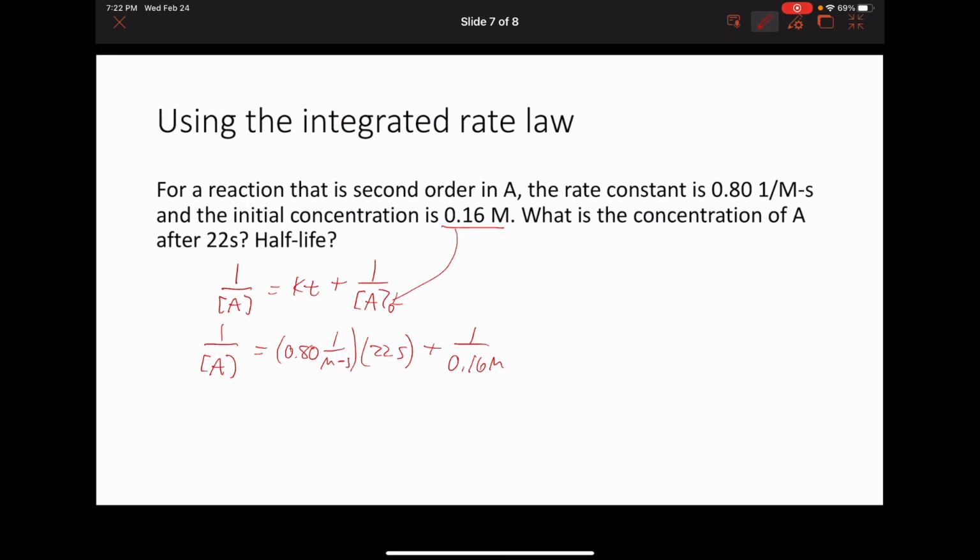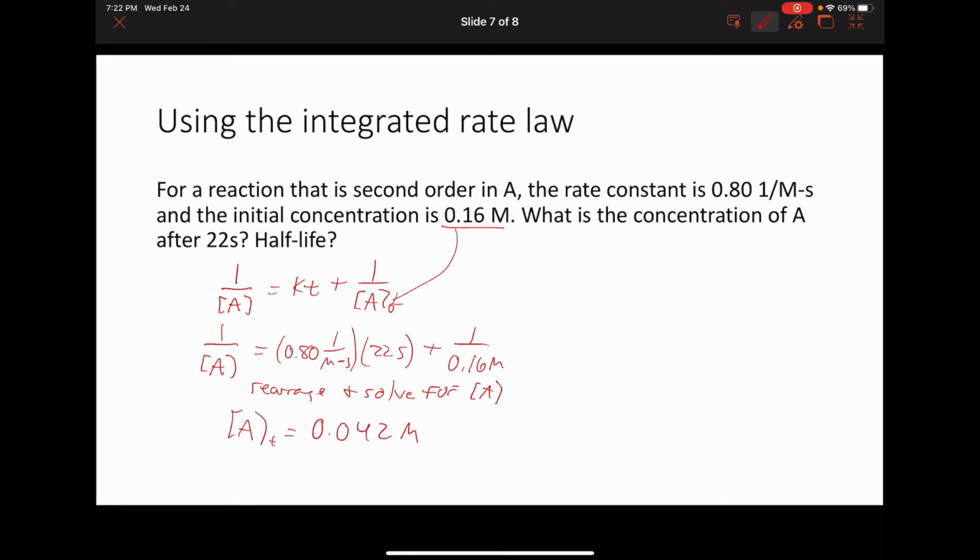It's 1 over 0.16 because it's second order. And then we rearrange and solve for [A]. And our [A] at time t, or 22 seconds, is 0.042 molar.